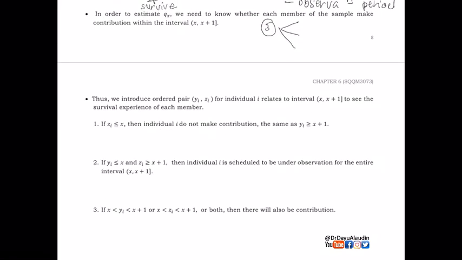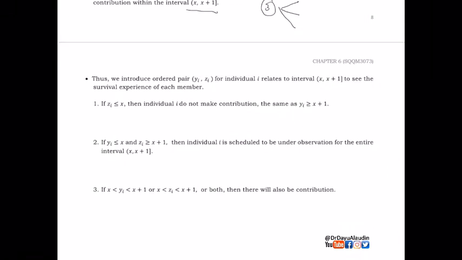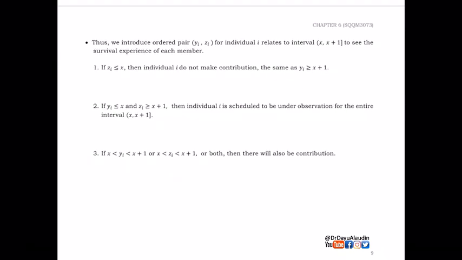Okay, now what's the difference between last time and now? Well, last time we considered the observation period. Now we just want to cover only one interval. So we just want to focus on one interval for the subject I, whether it contributes to the observation or not.